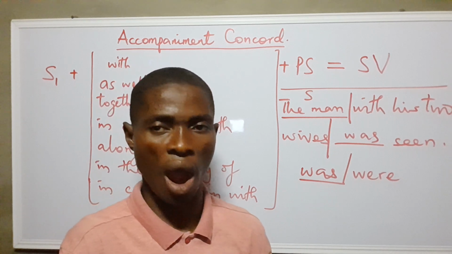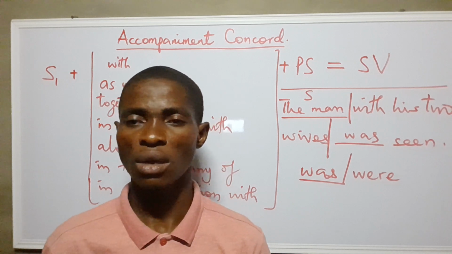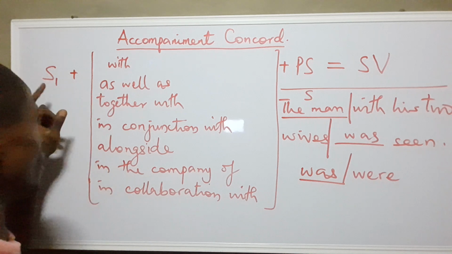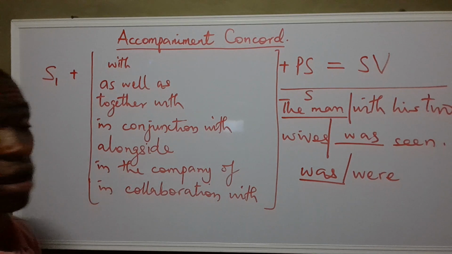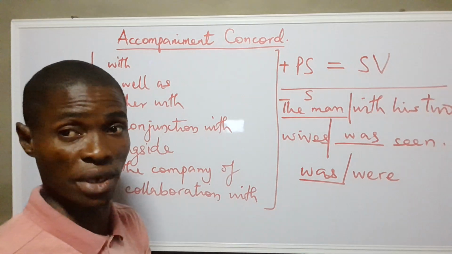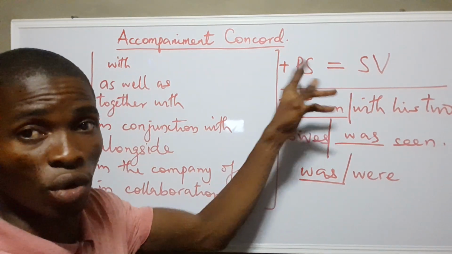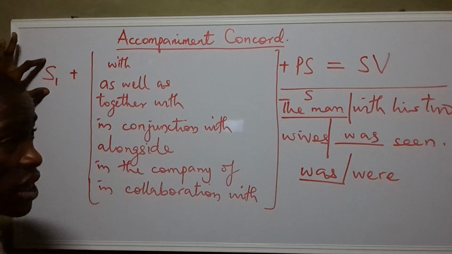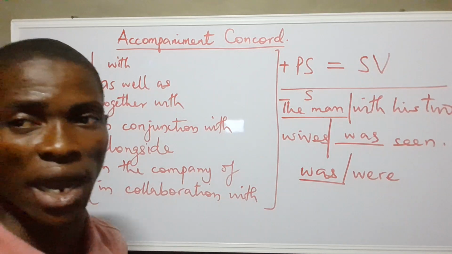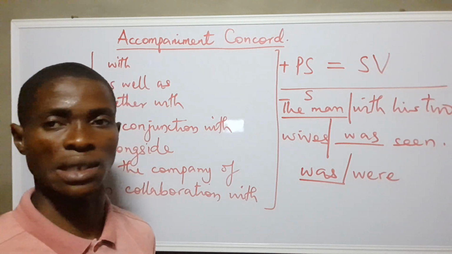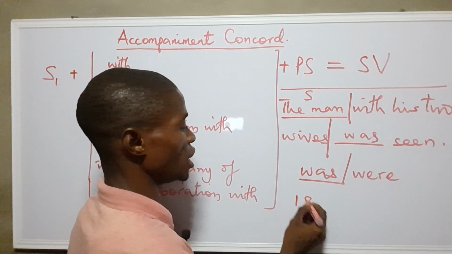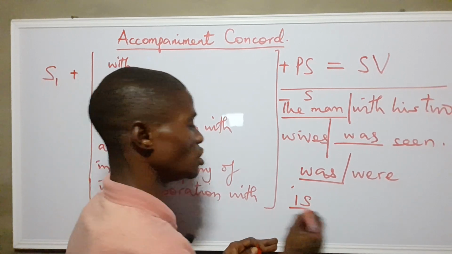Is it going to be are coming to Oyo today, or is coming to Oyo today? If you go in line with this rule, you discover that the governor is singular, while his commissioners, as in members of his cabinet, are plural. Therefore, you have to make the governor the main subject that performs the action and determines the status of the verb. Basically, the answer should be is coming to Oyo today.